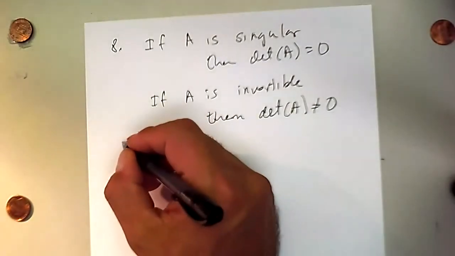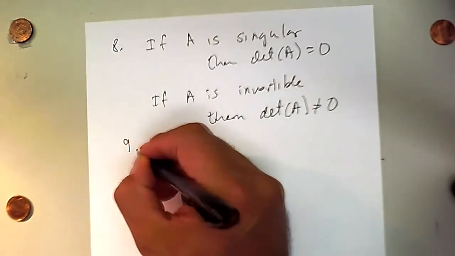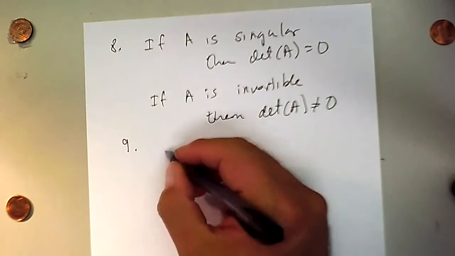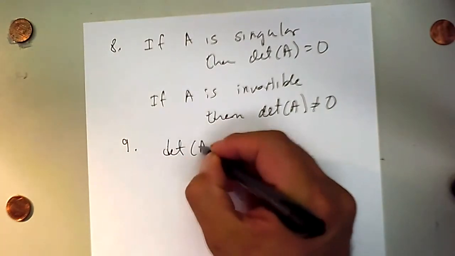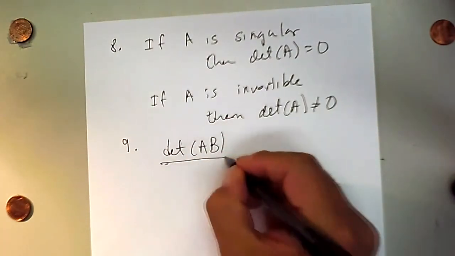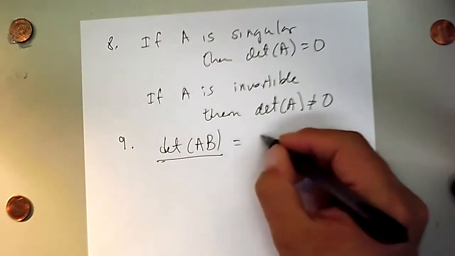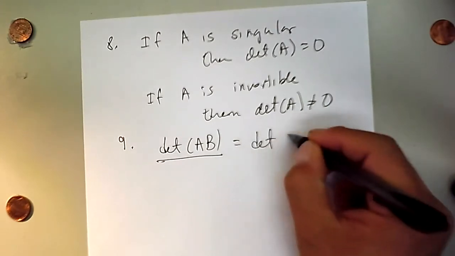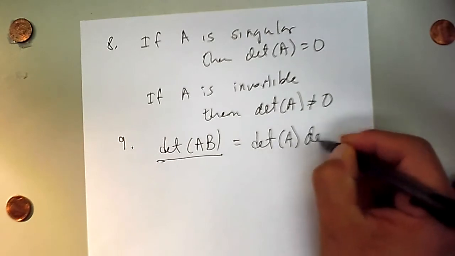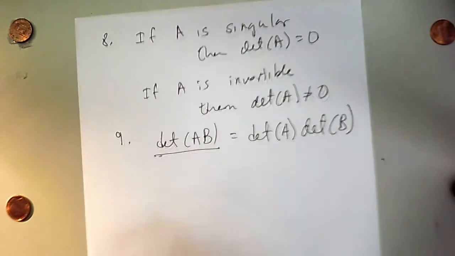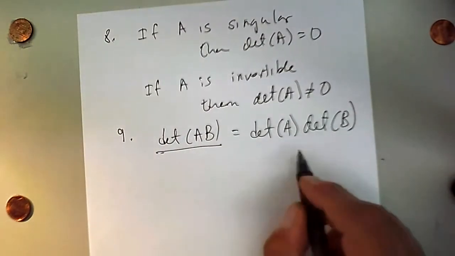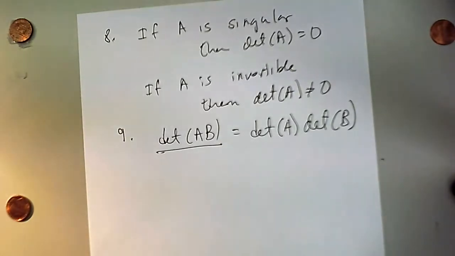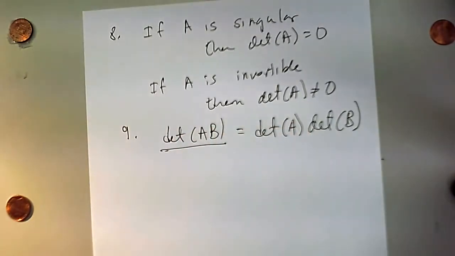And property number 9, determinant of the product, this is an important property, is equal to the determinant of A times determinant of B. You can multiply the two determinants and end up with a determinant of the product.